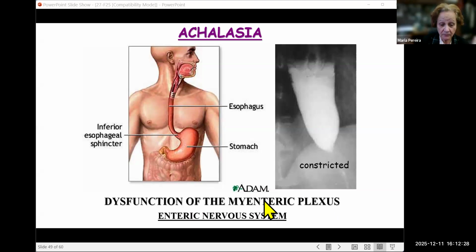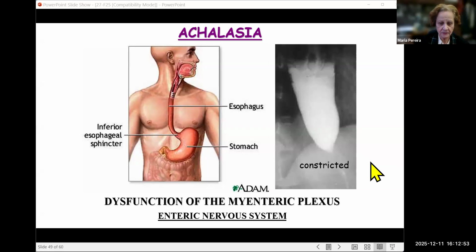So this is a problem with the myenteric plexus. That means that the food gets stuck in the esophagus and does not flow through to the stomach. So this is a condition known as achalasia, and it is associated with the dysfunction of the myenteric plexus.